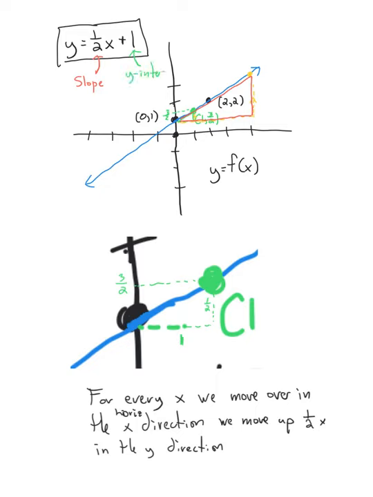This is where your line cuts the y-axis. And you can see here our line cuts the y-axis at 1 in the y direction. So the y-intercept is 1.